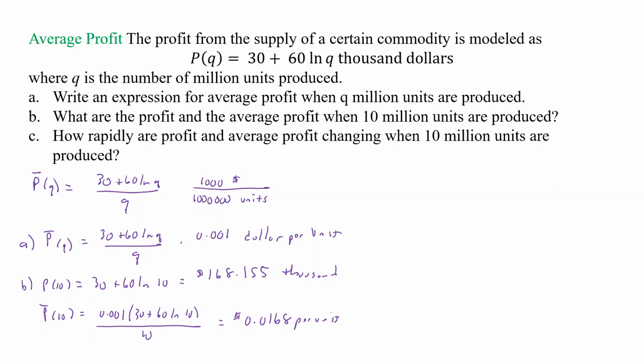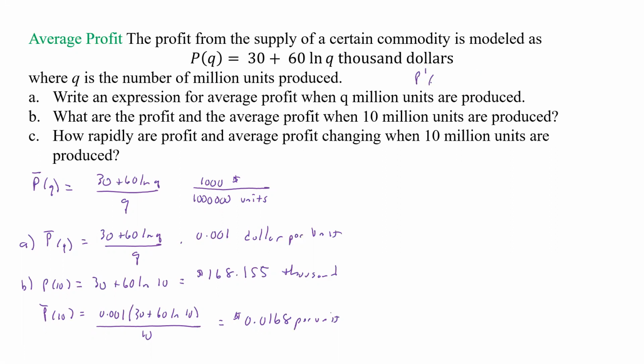And then how rapidly are profit and average profit changing when 10 million units are produced? Okay, well, that means we have to take some derivatives here. The first one we're going to do is the derivative of P, and that's going to be fairly simple.